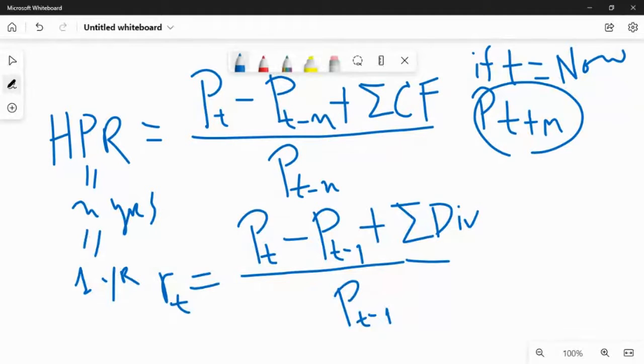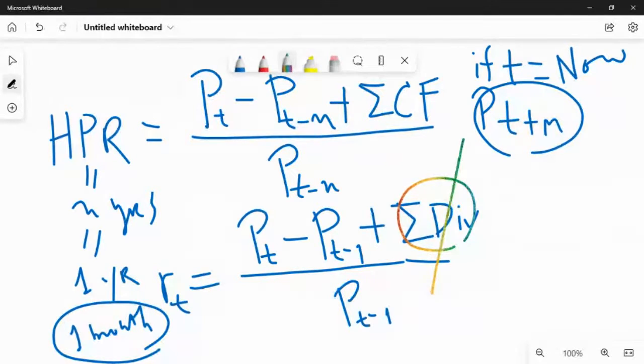But what if n is 1 month? What if n is 1 month? Then obviously we don't have this. This drops off, because dividend is paid quarterly, at the end of the quarter, right?